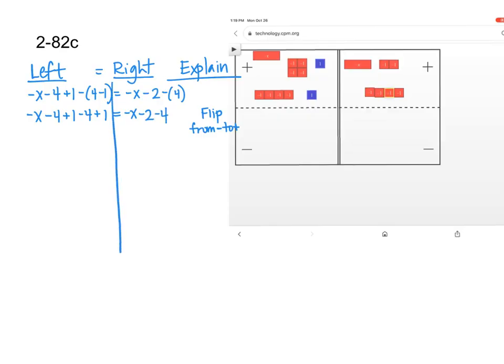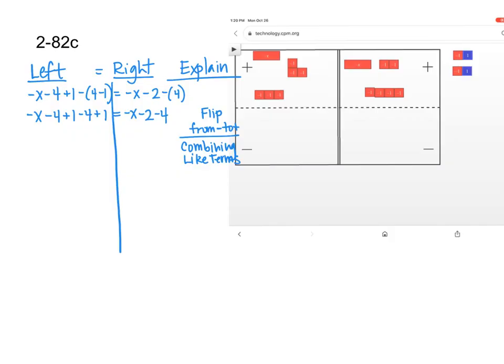Now let's simplify our equation by combining like terms by removing zero pairs. On the left-hand side of the equation, I can see I have one zero pair here. A negative 1 and positive 1 equals 0. I also have another zero pair here. A negative 1 and a positive 1 tile equal 0.